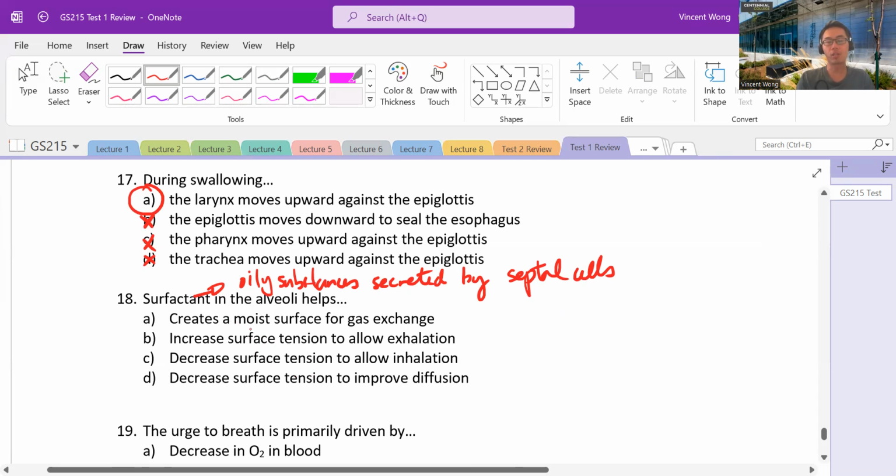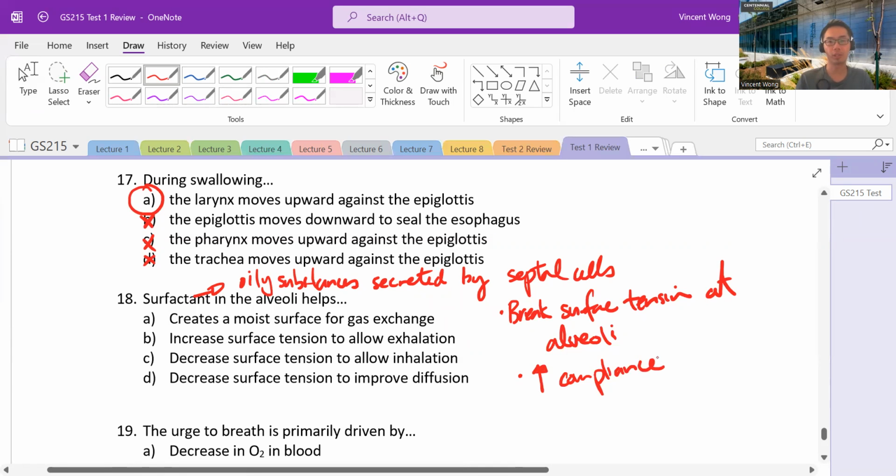I'll write down here, break surface tension at alveoli. This would increase compliance, the expandability of the lungs. So by increasing compliance, you will allow inhalation.